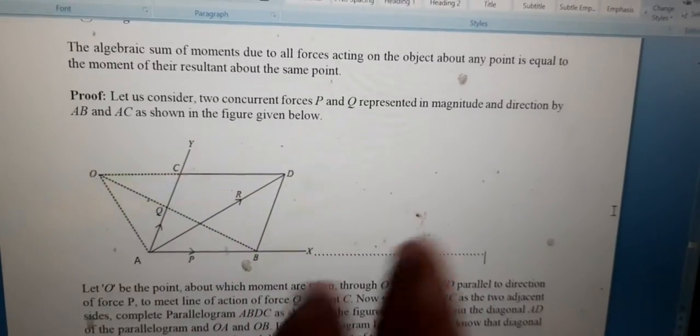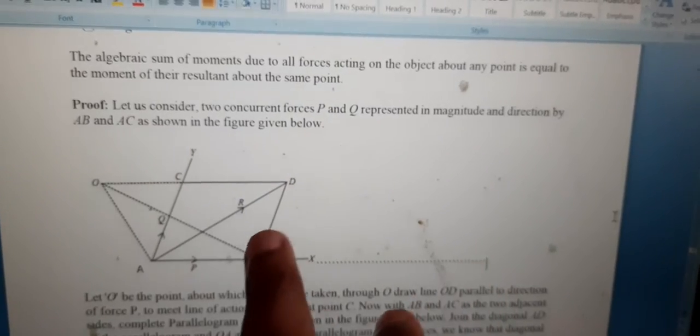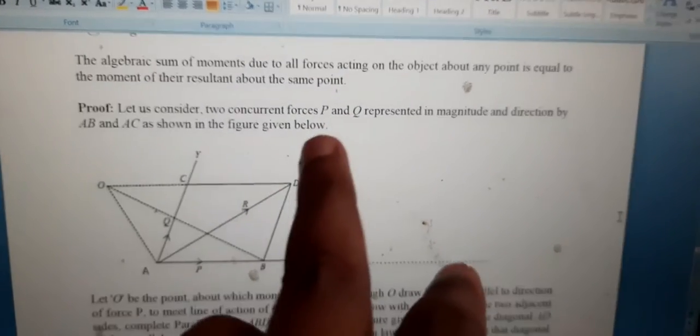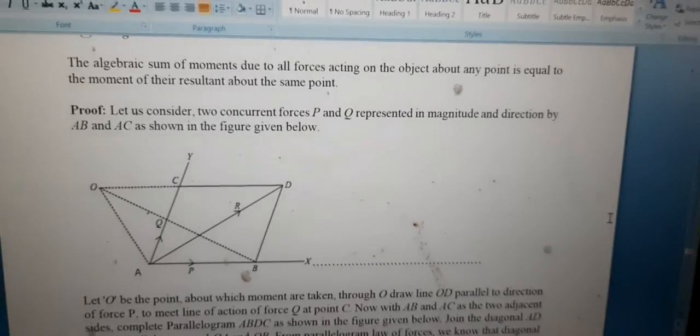We know from the parallelogram law that the diagonal of this parallelogram will represent the resultant.